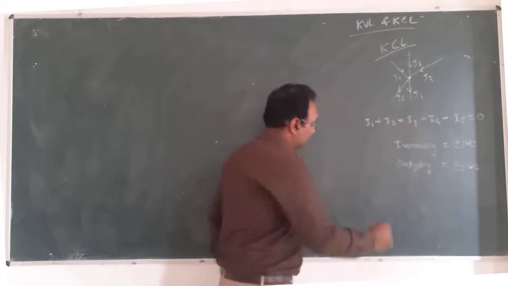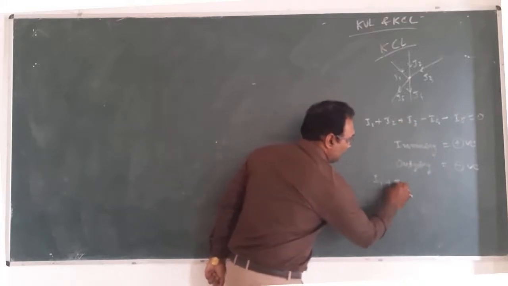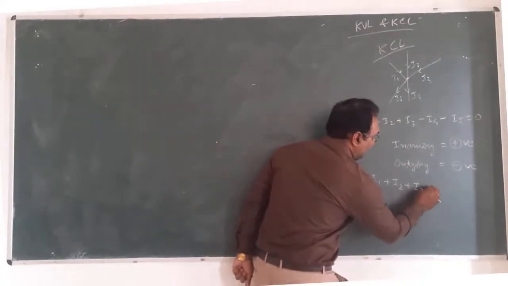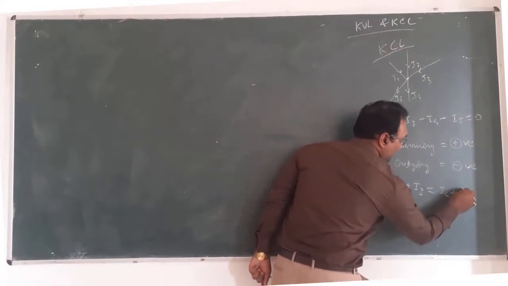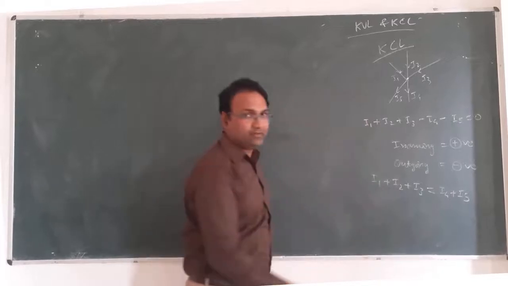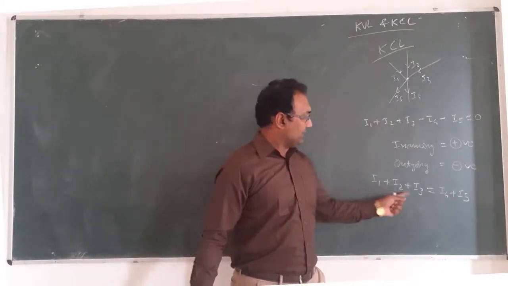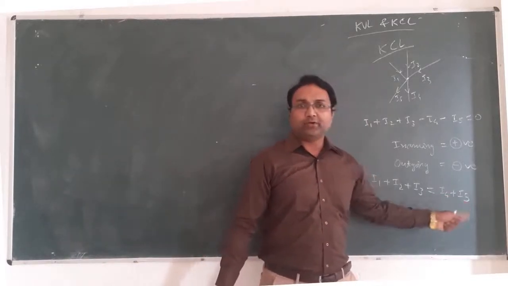So I1 plus I2 plus I3 will be equal to, transferring to the other side, I4 plus I5. So we can see that incoming current will be equal to the outgoing current.